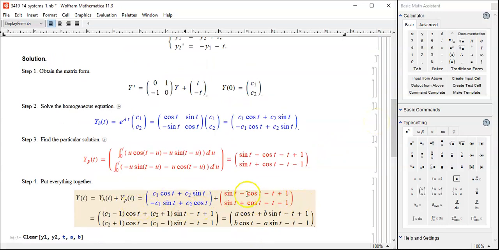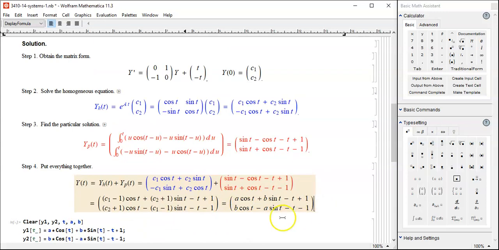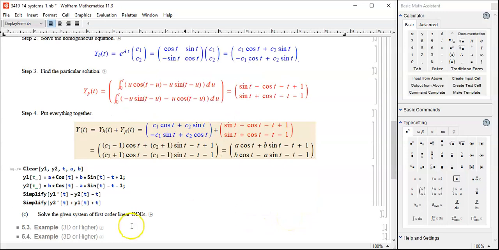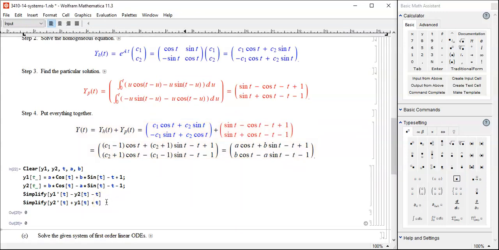I think you can stop here, but I decided to go just a little bit further, simplifying, and then rewriting these coefficients instead of C1, C2, where C1 plus 1, C1 minus 1, those kinds of things. I just named those A, B like that. A little bit more elegant form, I guess. And then I can check everything. Yes.